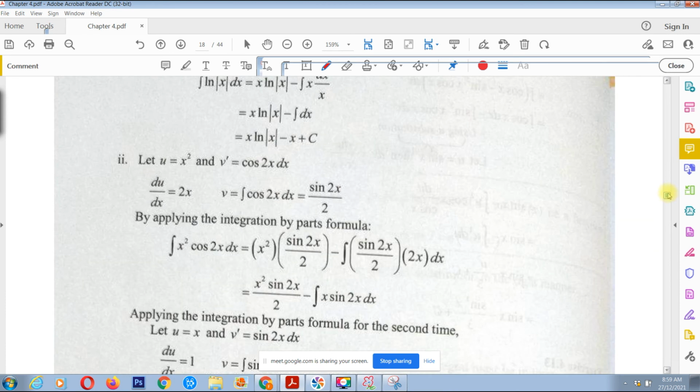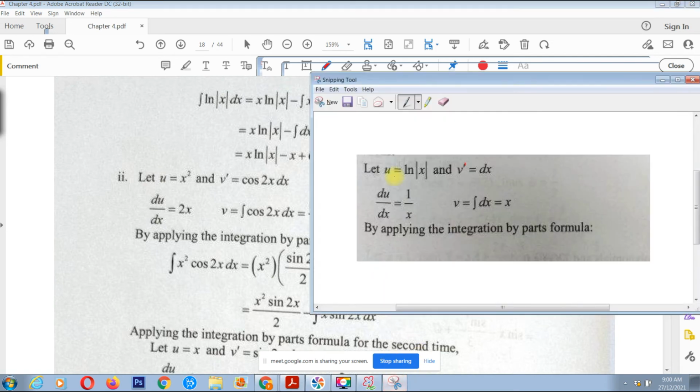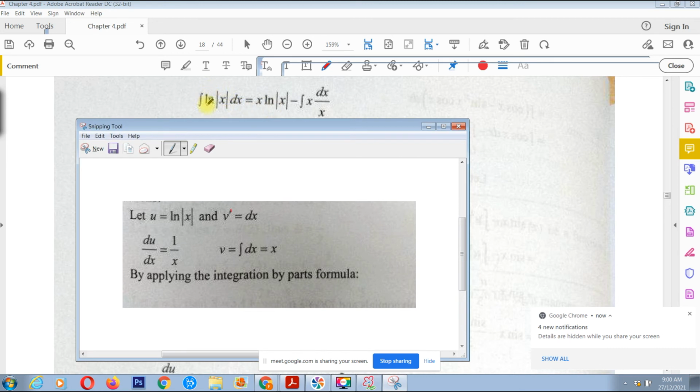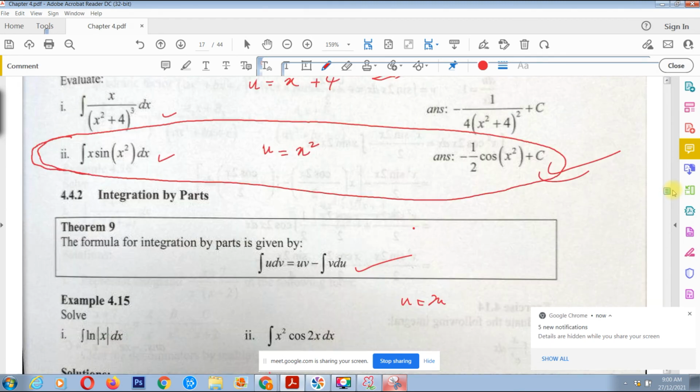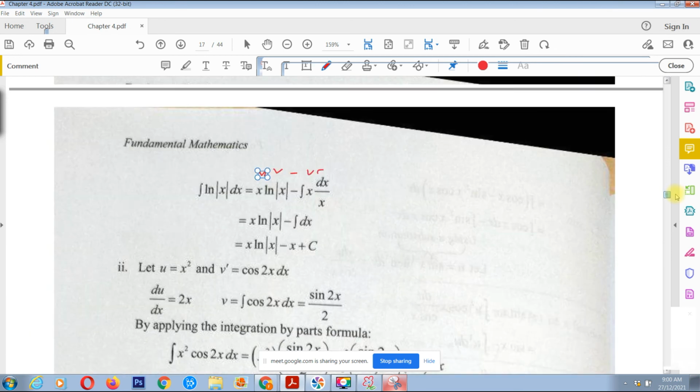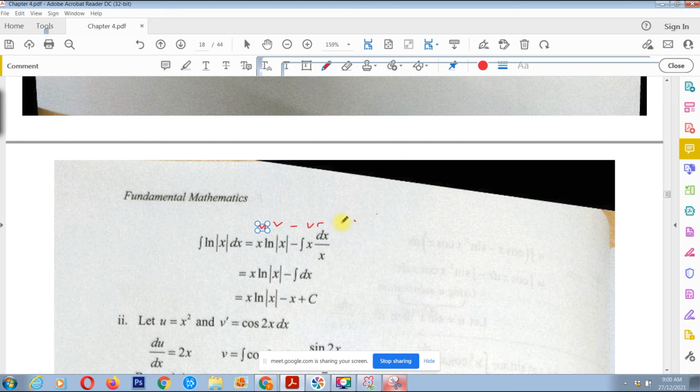By using the formula, uv minus integrate v du.